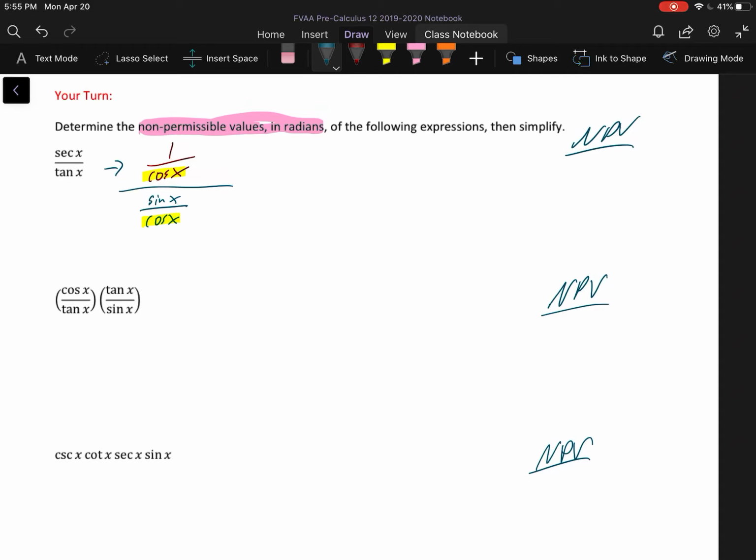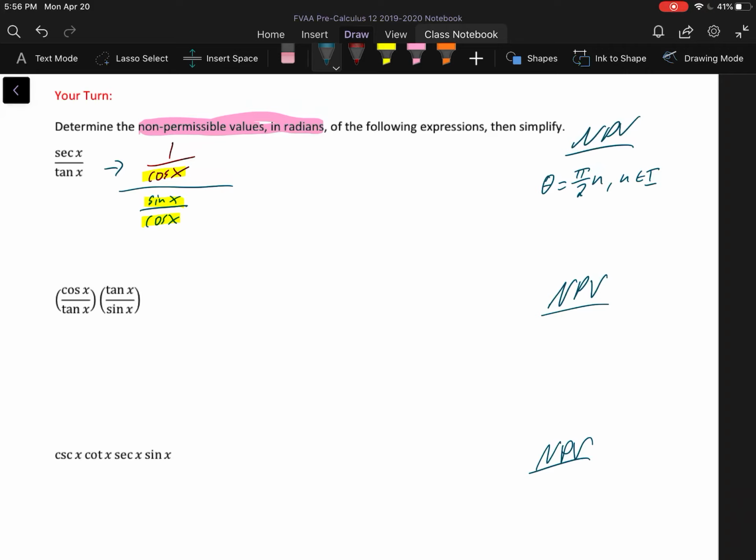Of course, if sine x equals 0, then the fraction is going to have a 0 in the denominator as well. So at this stage, because both sine and cos cannot equal 0 in this expression, I know that this will be a common non-permissible value, this pi n, where n is an integer, a very common non-permissible value for the majority of the questions you're going to face this chapter.